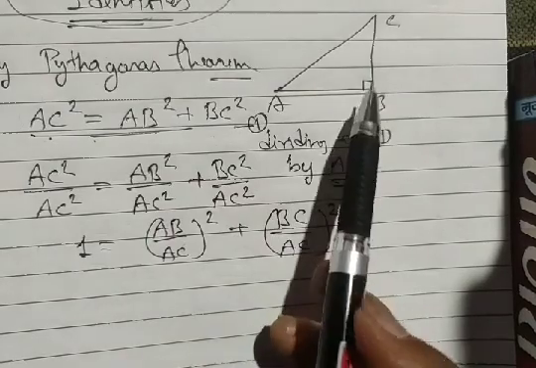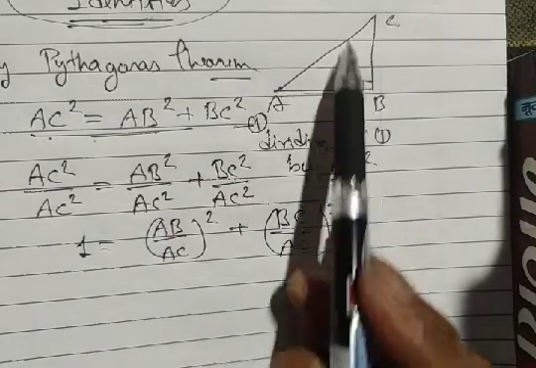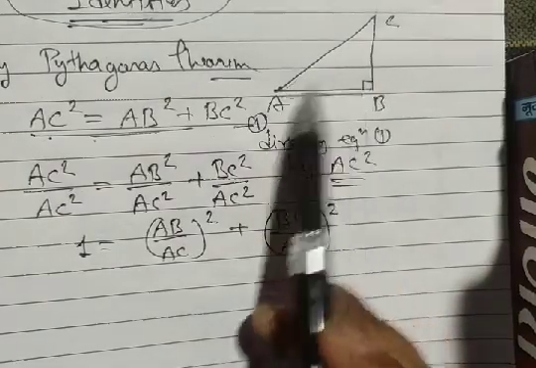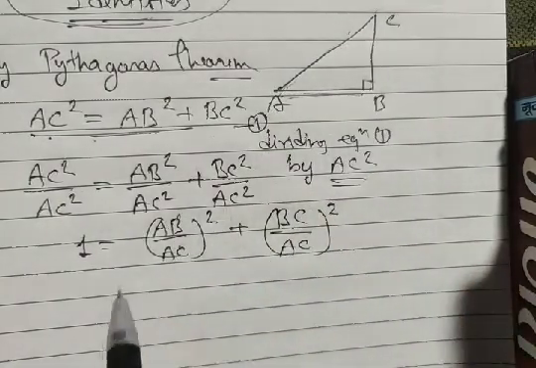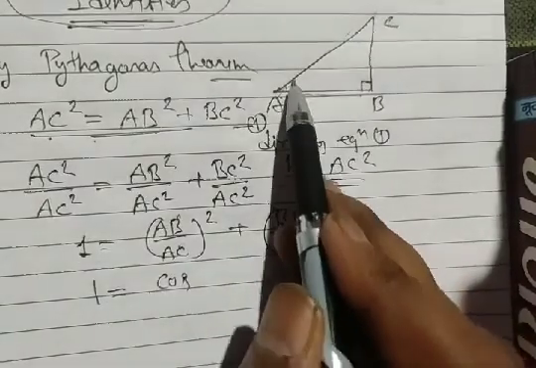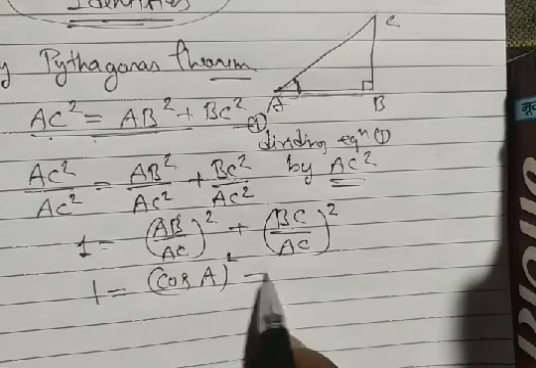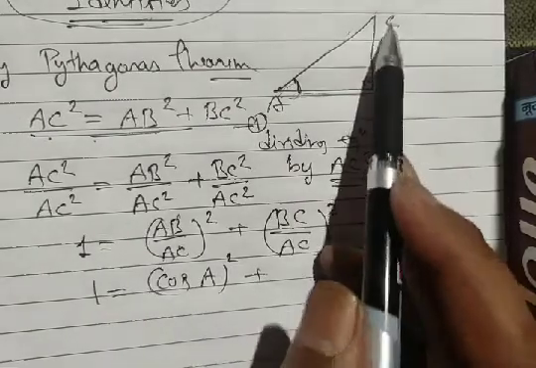Now look at the triangle. What is the ratio of AB to AC? It's base to the hypotenuse, which is cos A, taking angle A. What about BC to AC?